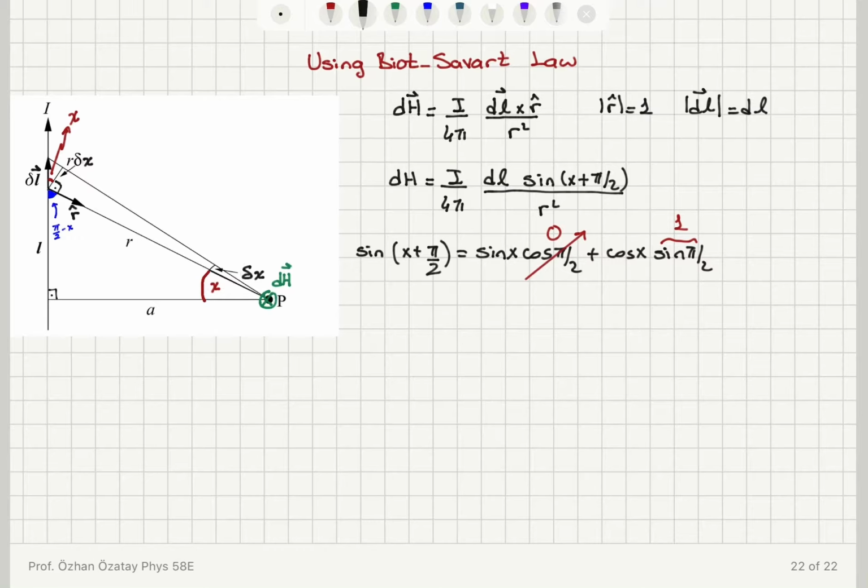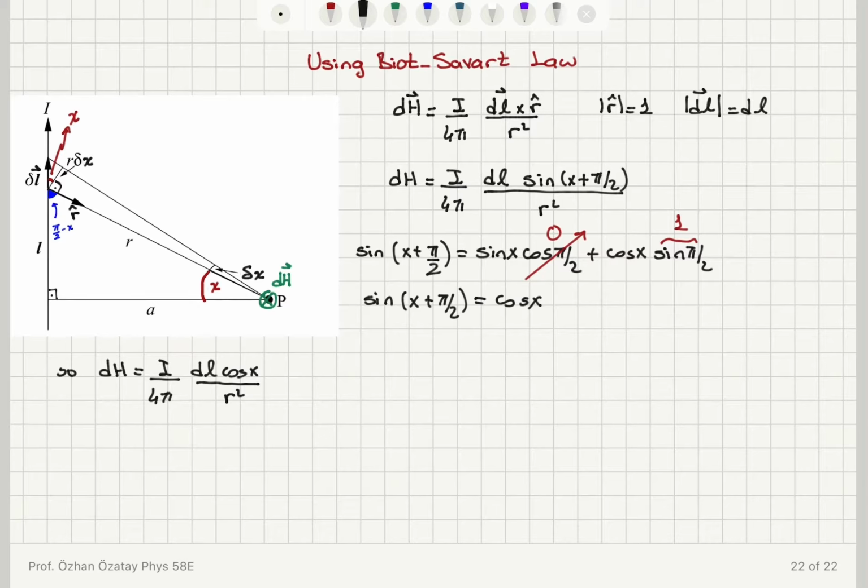Therefore, sine of x plus pi over 2 is cosine x. All right. So we have the magnetic field due to this current element equals I over 4 pi dl cosine x divided by r squared.